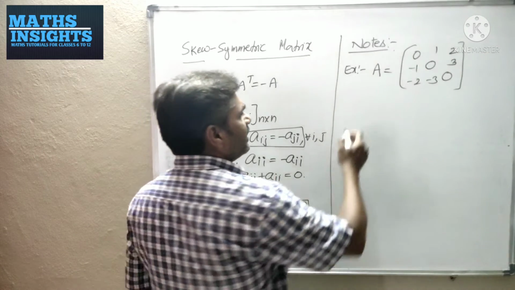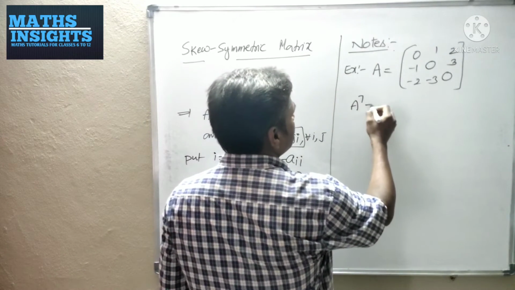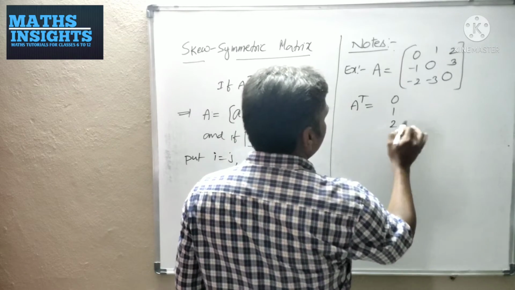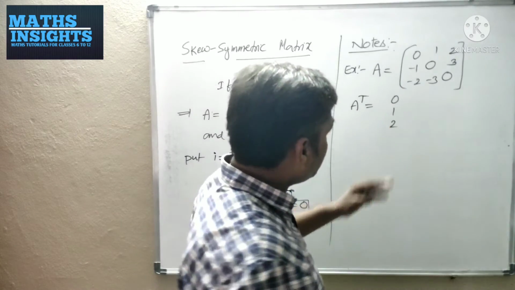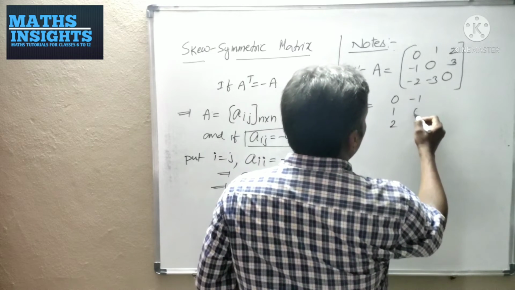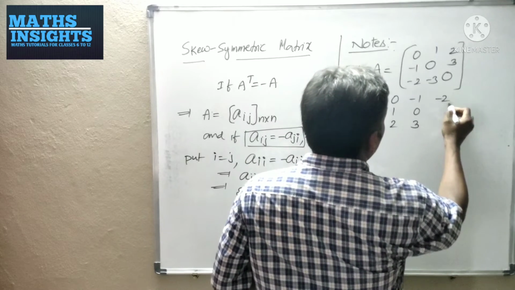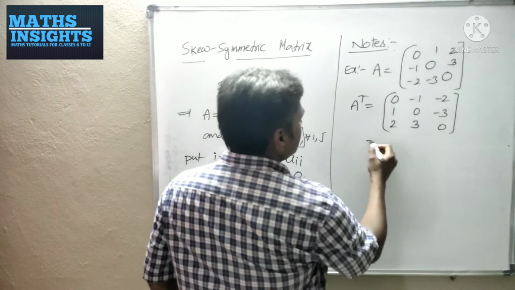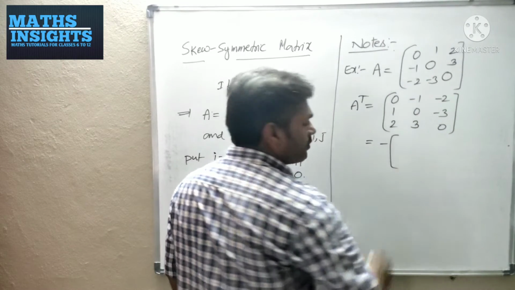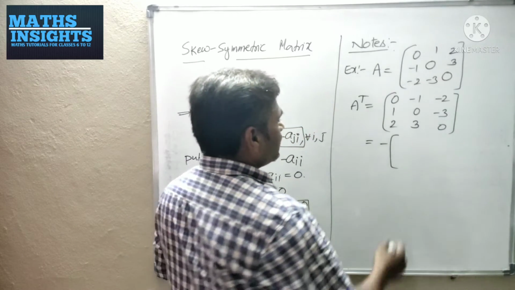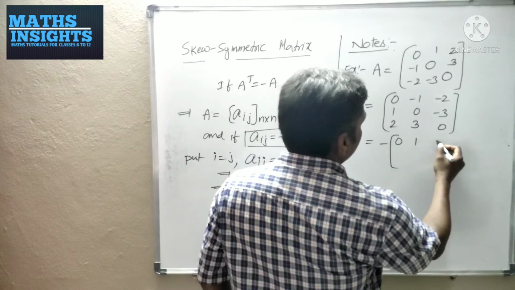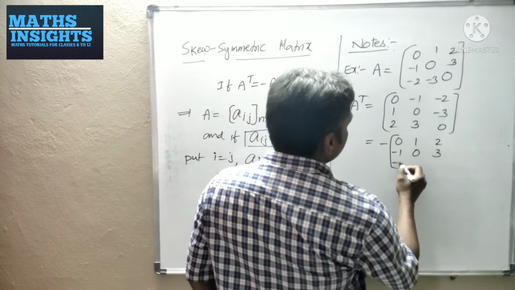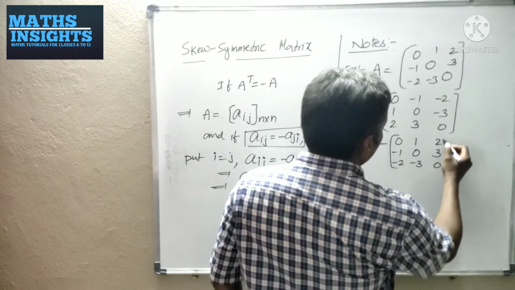Now I will find the transpose of it. Transpose means interchanging rows and columns. First row is written as first column, second row as second column, third row as third column. And in this case, if you take minus common from every element, then 0, this is 1, this is 2, this is minus 1, 0, plus 3, this is minus 2, minus 3, 0.